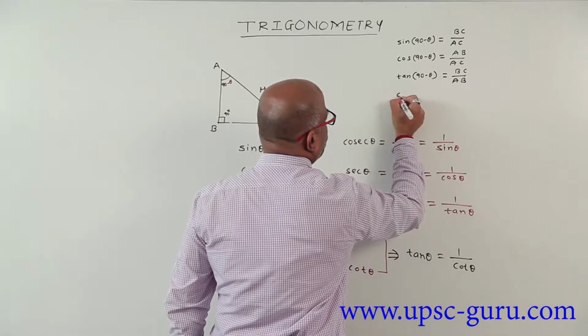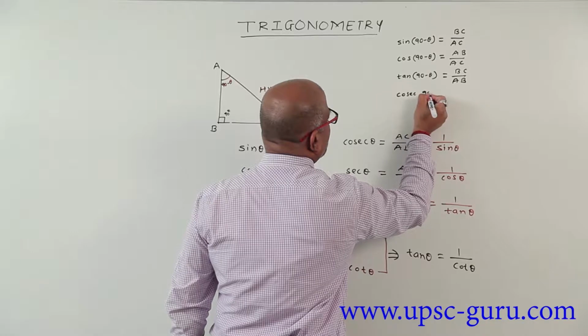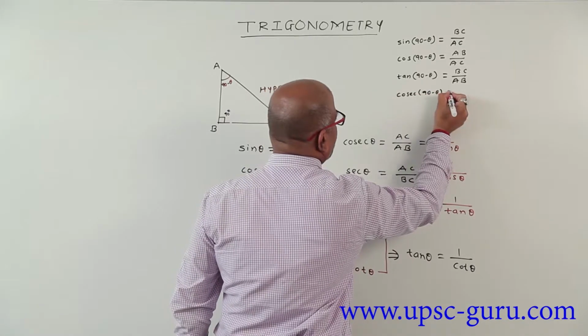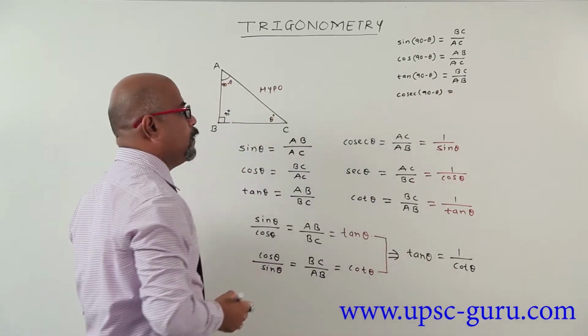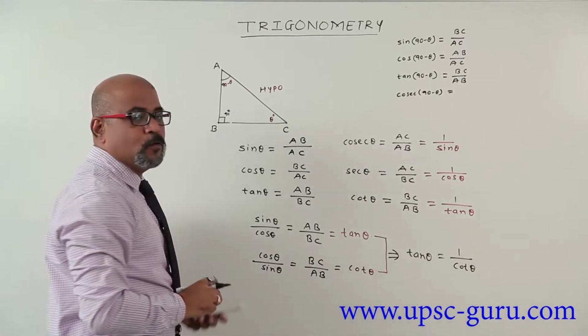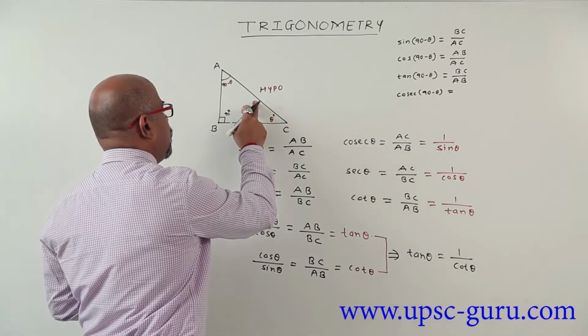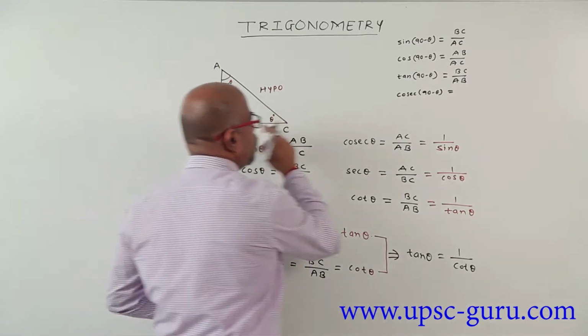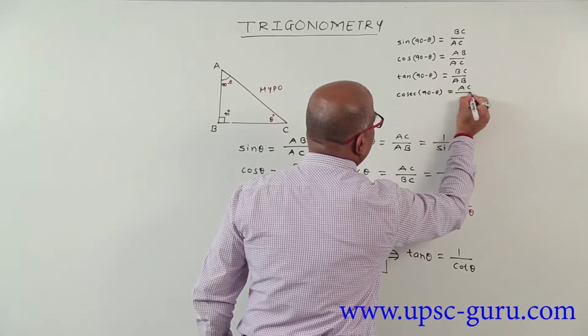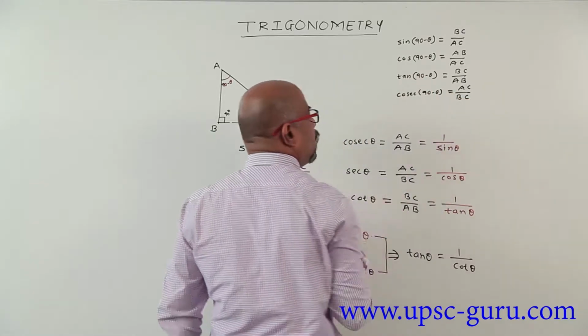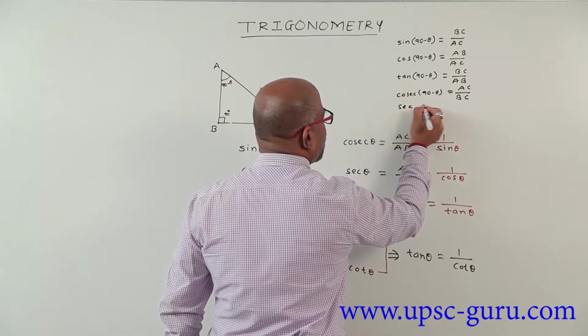Then cosec 90 minus theta. Let us check what we get. Cosec 90 minus theta. Cosec means hypotenuse upon opposite side, that is AC upon BC. Then sec 90 minus theta.